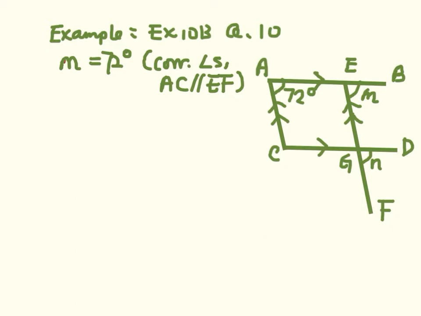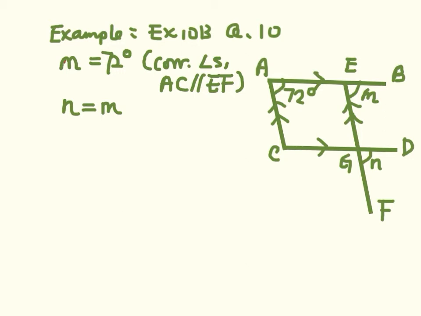To find N, we should use another pair of parallel lines. We can write N is equal to M. Note that you must write M, not 72 degrees, because N and the given 72 degrees are not directly related.